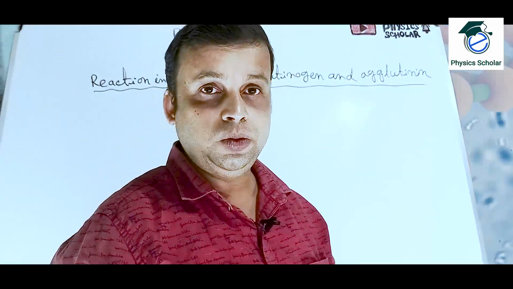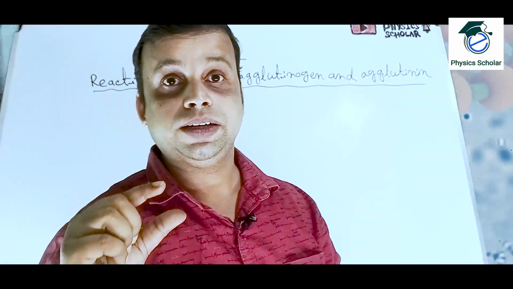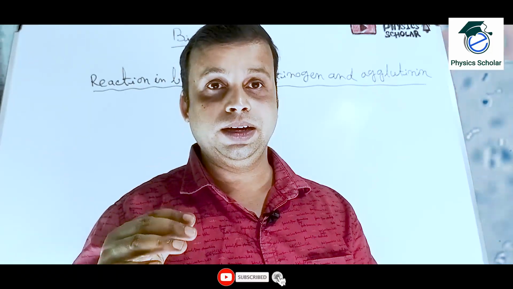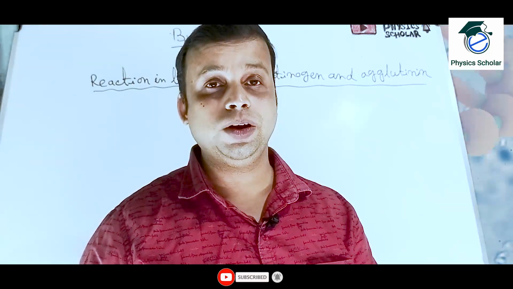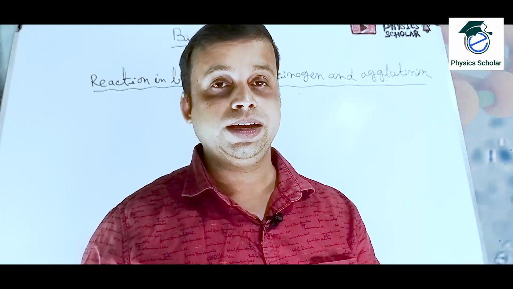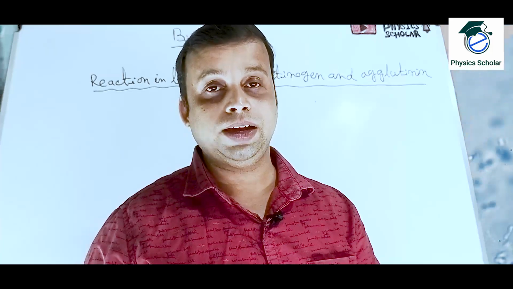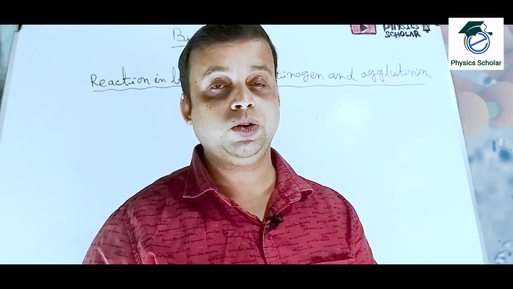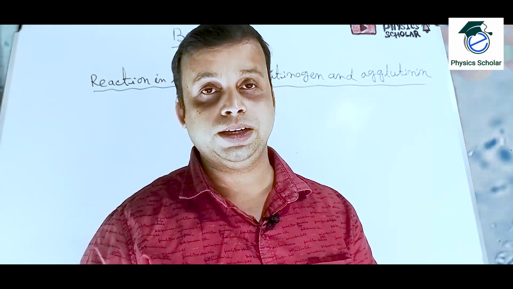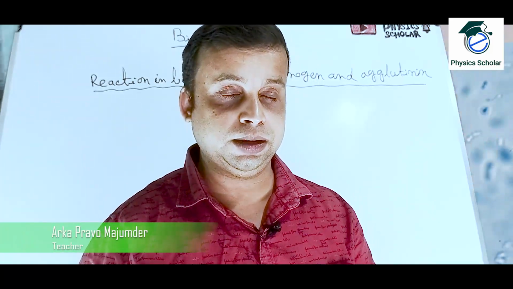So we will continue further, and today you will learn some very important topics on human blood. That means what is agglutinin, agglutination, and why AB is known as the universal recipient as well as O is known as the universal donor. What are the Rh factor and anti-Rh factor? What happens if any positive blood group is given to a negative blood group? What happens if a woman is pregnant and her blood group is negative and the child in her uterus has a positive blood group?